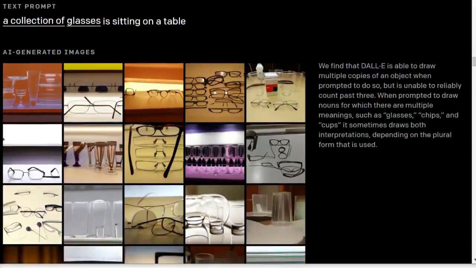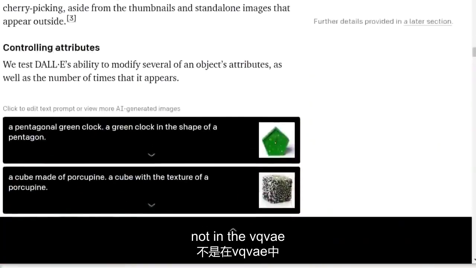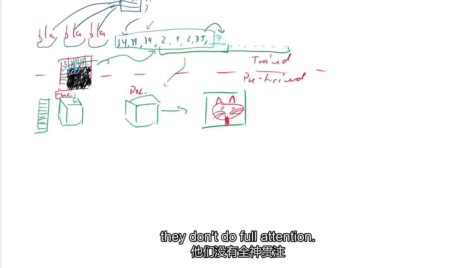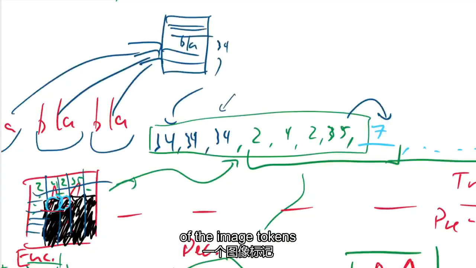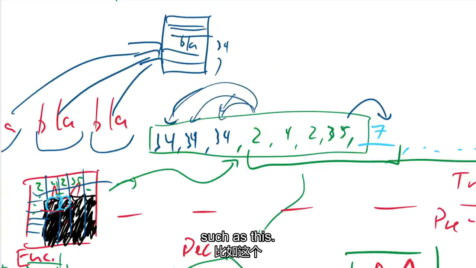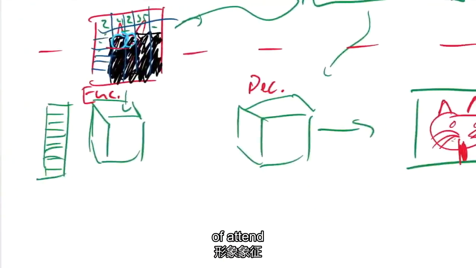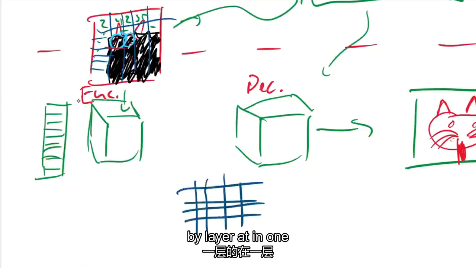And by the way, in this transformer for images, they don't do full attention. What they do is each one of the image tokens can attend to each of the text tokens, but the image tokens can only attend in the grid layer by layer.